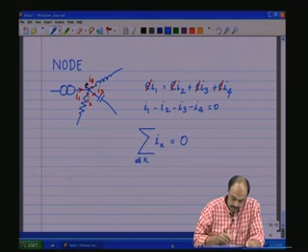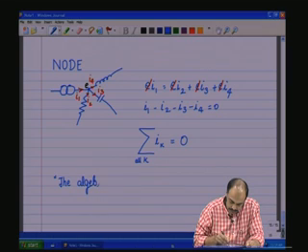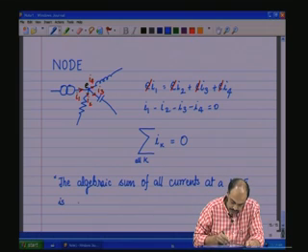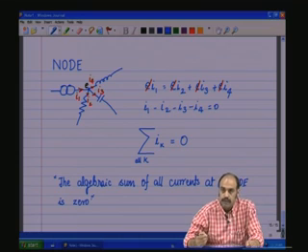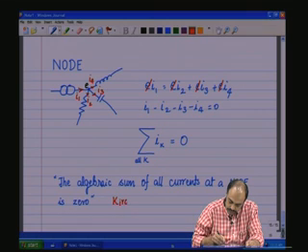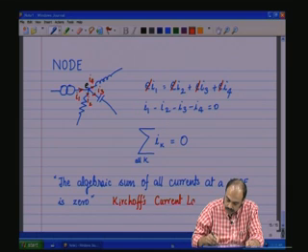So, if you state this particular law, we find that the algebraic sum of all currents at a node or current junction is always 0, and this statement is called the Kirchhoff's current law, or simply KCL.